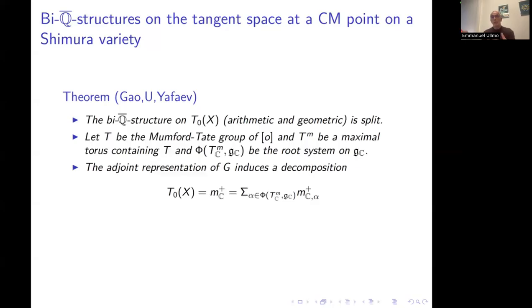The usual theory tells you that these root spaces are one-dimensional. And the only thing I add is that they are in fact defined over Q bar. So you look at the usual root space decomposition of the MC plus part of the Lie algebra GC, and the root spaces are in fact defined over Q bar.